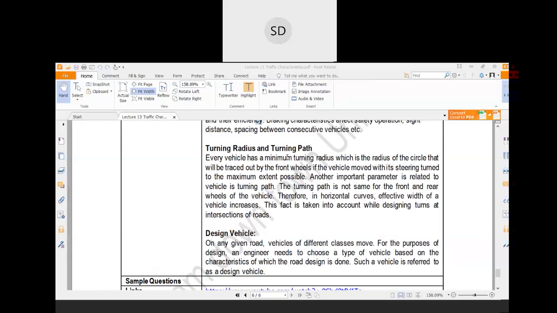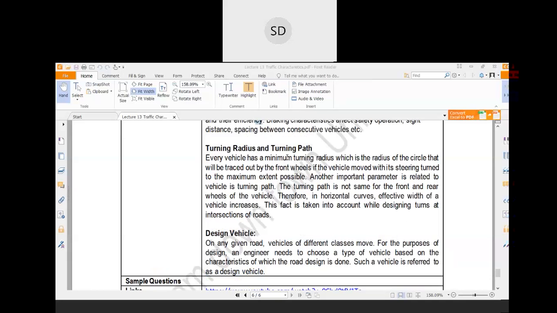So you decide on one design vehicle. Design vehicle means different vehicle classes are converted to the design vehicle, so that all types of vehicles are similar whenever you are analyzing something. That type of vehicle is called a design vehicle.